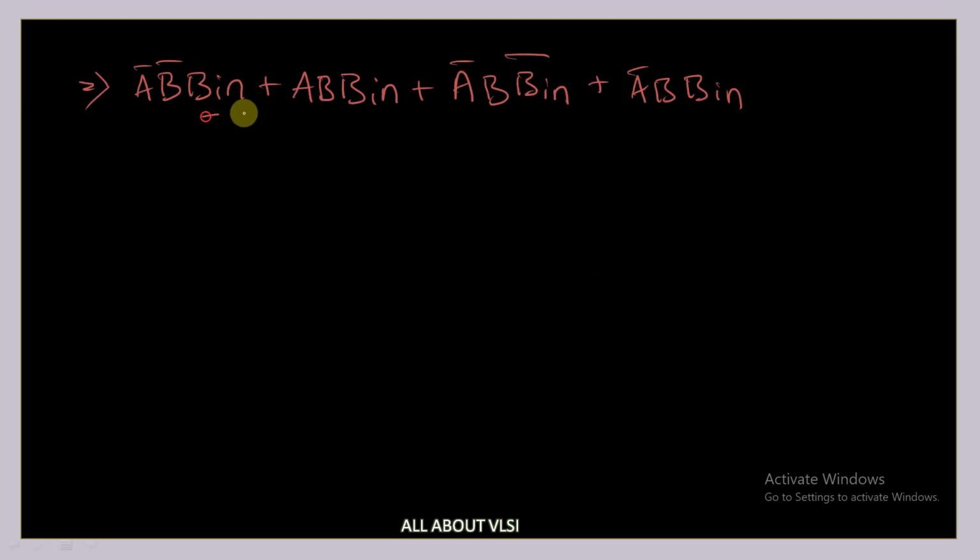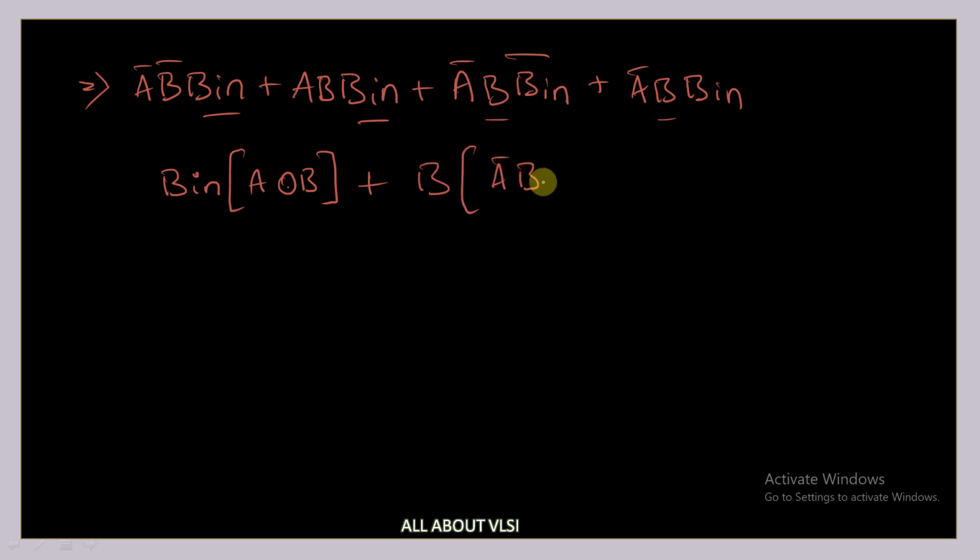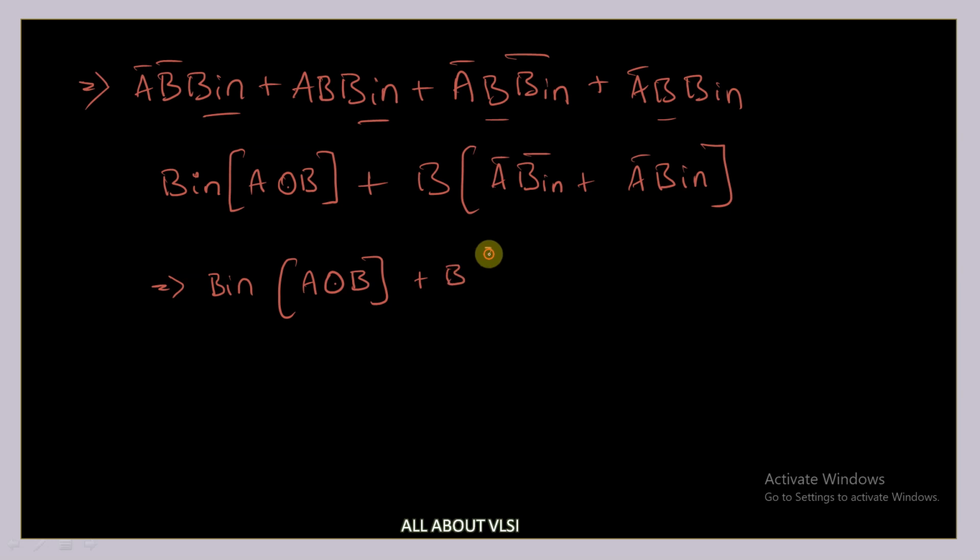Now if I solve this, if I take B in common here, then I am going to get B in into A XNOR with B, plus if I take B common in these two terms, B into A bar B in bar plus A bar B in. And if I solve this further, B in into A XNOR with B plus B into, if I take A bar common, then B in will be cancelled.